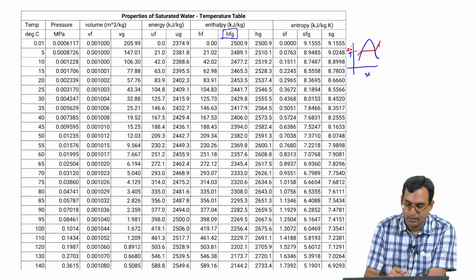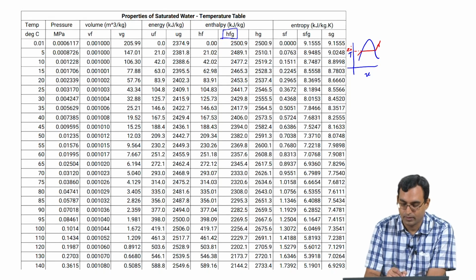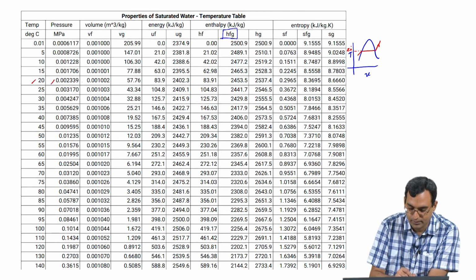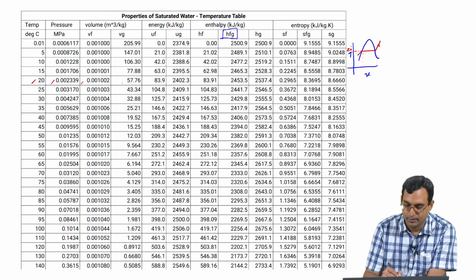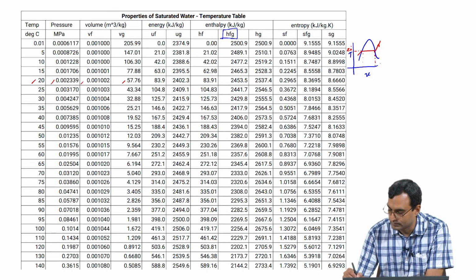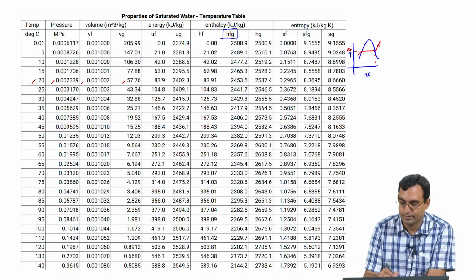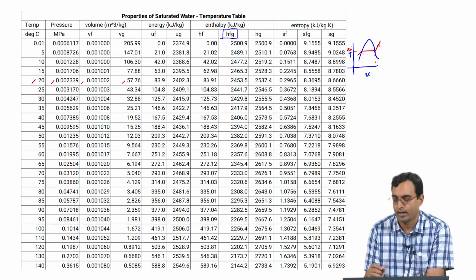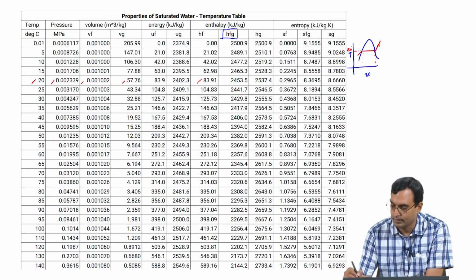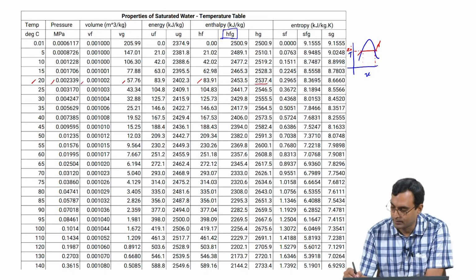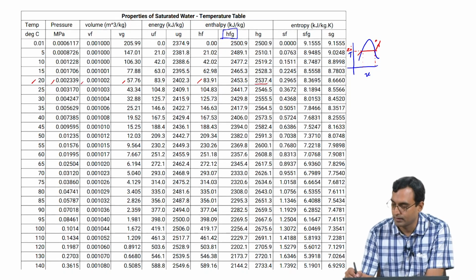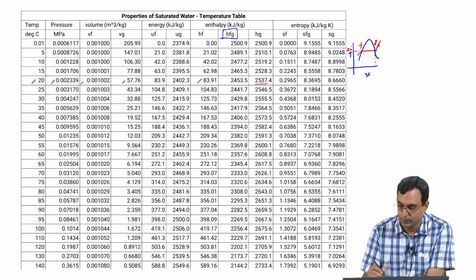Then the liquid would have a volume of 0.001002. So, I am essentially looking at this row over here. This would be the volume of the liquid, this would be the volume of the vapor, the internal energy would be this for the liquid and this for the vapor, and the enthalpy would be 83 at this point, it would be 2537 at this point, and the difference in enthalpy between the vapor and the liquid, which is our latent heat, would be this value.